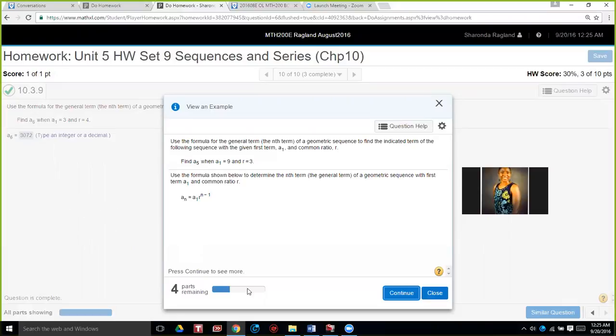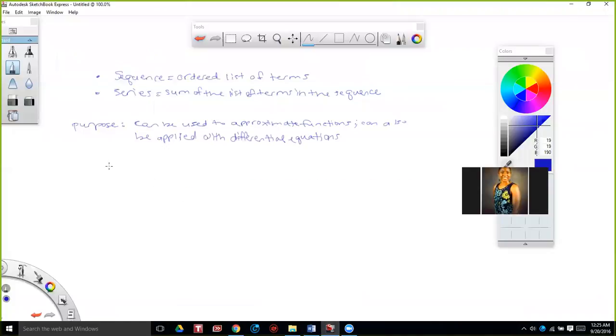Let me put that in here. A sub n is equal to a sub 1 times r to the n minus 1. And we're given that we need to find A6.